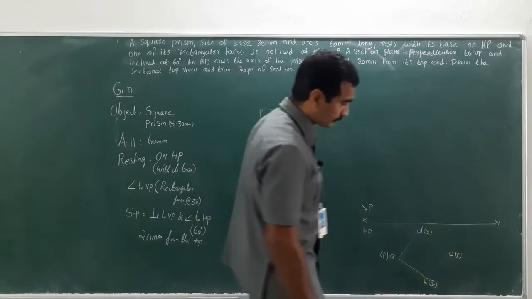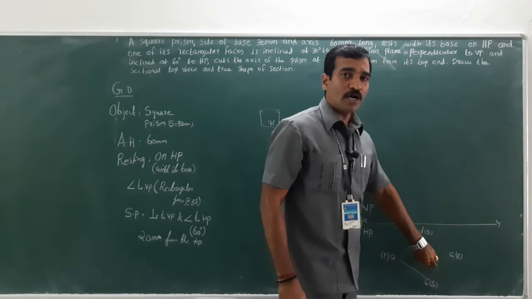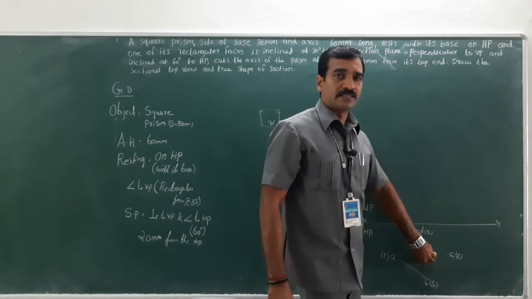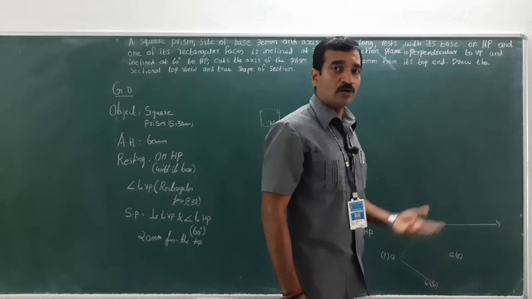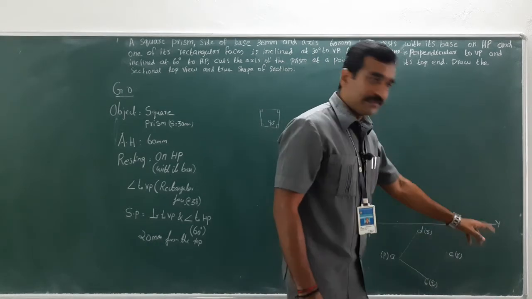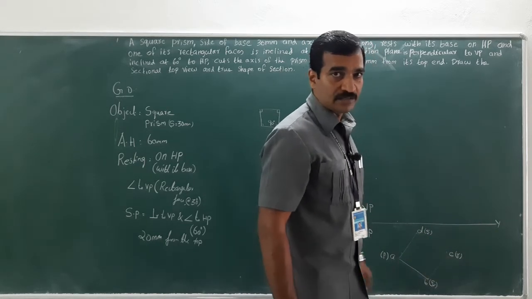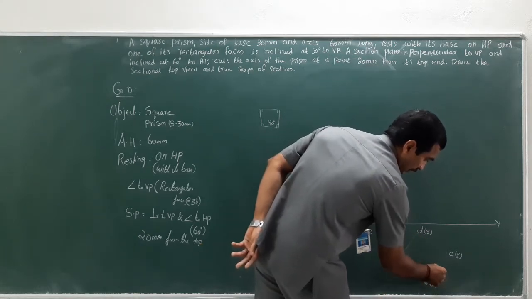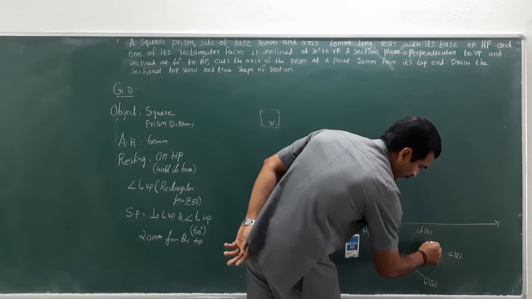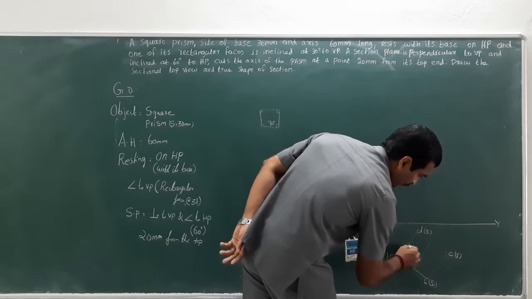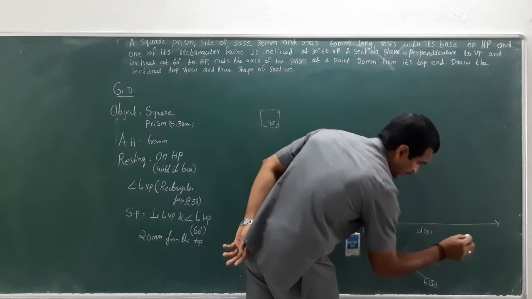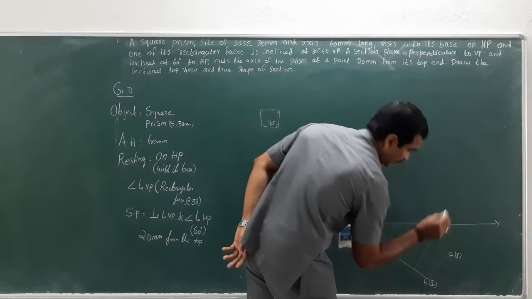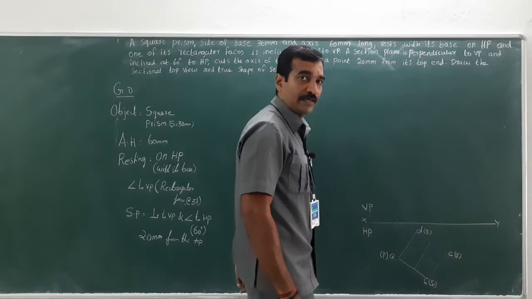Is it clear? Now I need to draw the axis. I have to locate the axis. How is that possible? By connecting the diagonals or the midpoints. Take the midpoint of this and the midpoint of this, and just connect them. So the axis is somewhere here. Clear?